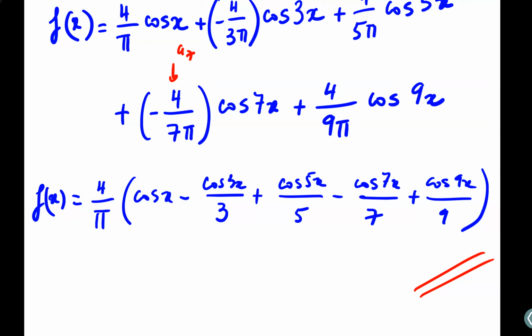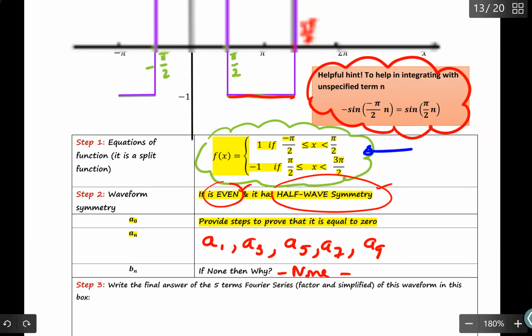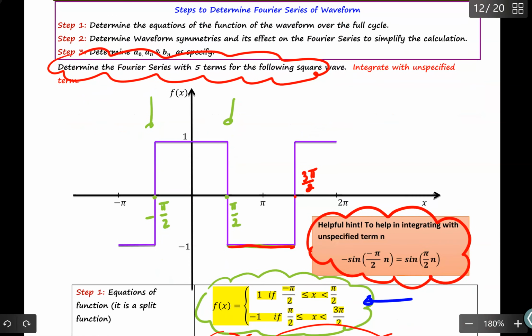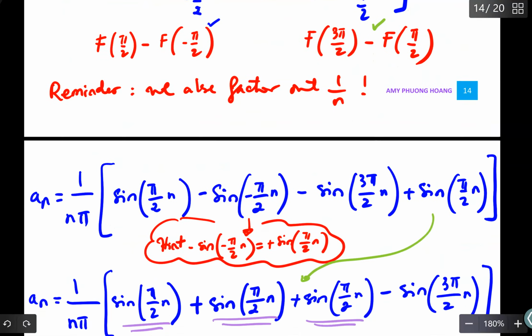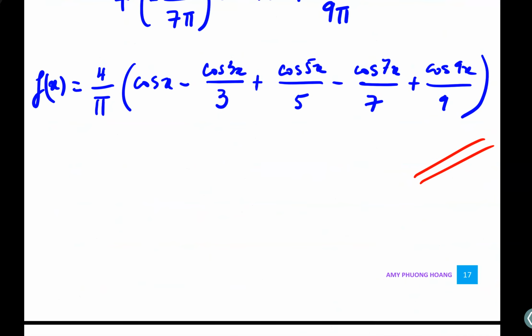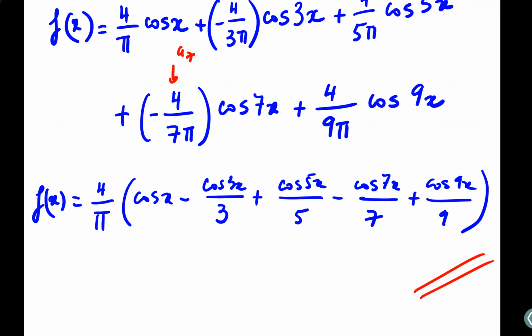They asked me to find 5 terms of this Fourier series for the square wave, but the square wave is the sum of all these cosines, and I only deal with the odd harmonics in this case. So in the end, this is the final answer for the Fourier series.